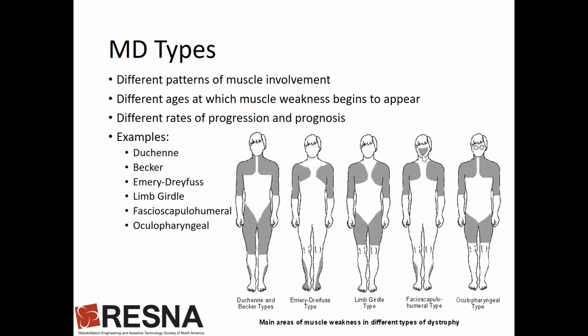You also get some motor impairment, but it's usually preserved in the trunk and hips, and you're going to have some lateral leg movement. And then oculopharyngeal, I don't see a lot of these, but this is where you have impairment in the hips and then in the shoulders. So how they present is going to direct all the assistive technology.